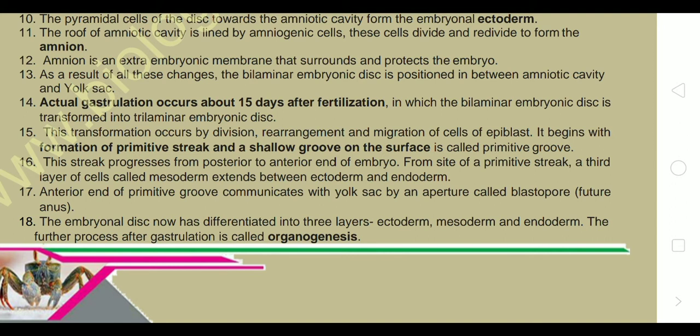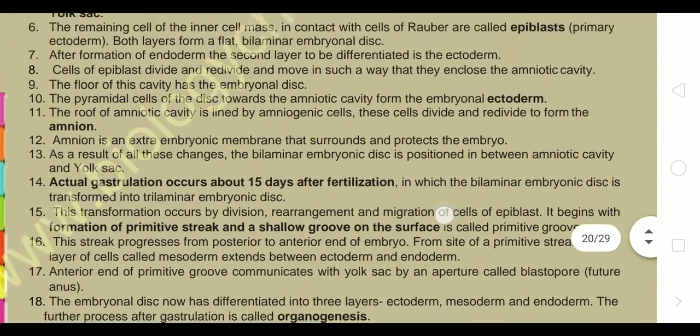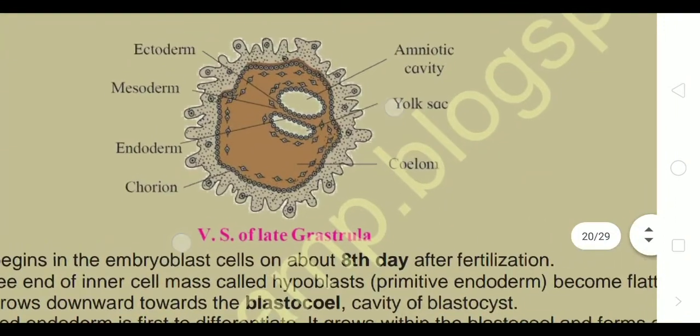The anterior end of the primitive groove communicates with the yolk sac by an aperture called the blastopore, which is termed the future anus.